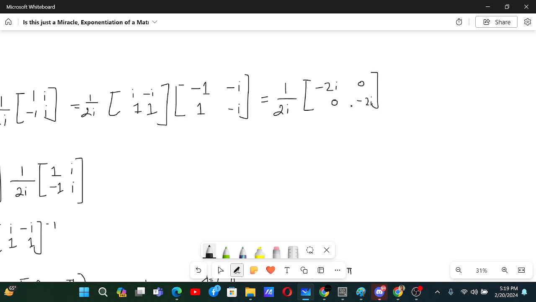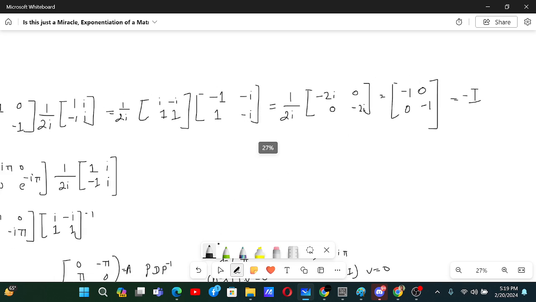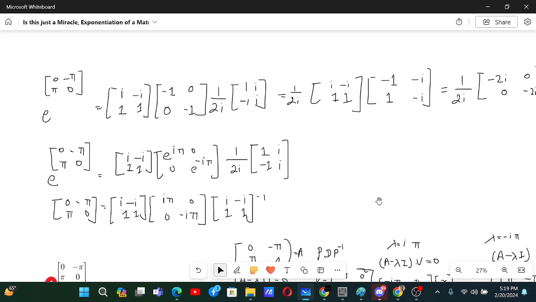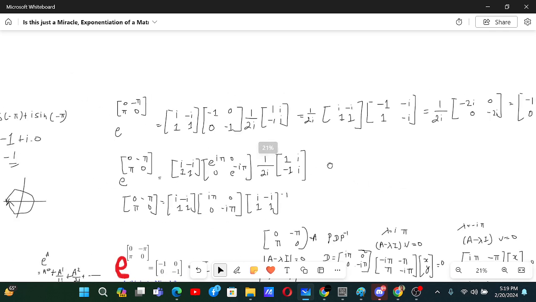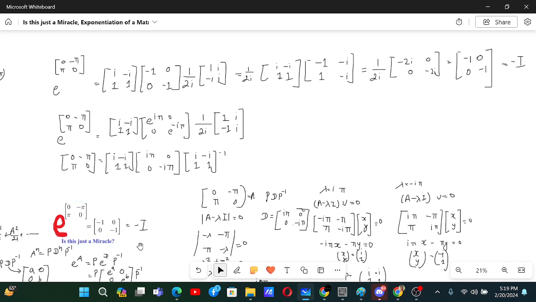Okay, now divide by 2i, we get minus 1 0 0 minus 1. So we get this nice result because this is just negation of I, where I is the identity matrix. So we have finally calculated the value, and that is minus 1 0 0 minus 1.